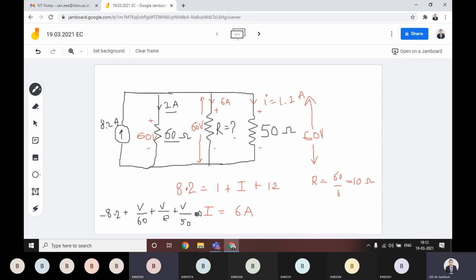V is 60, sir, we know that. V is 60 volts, right? That we know already. The 60 volts is appearing here at this point only, so only to do this calculation also.